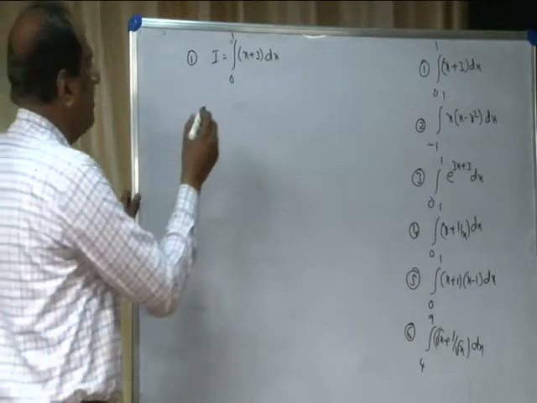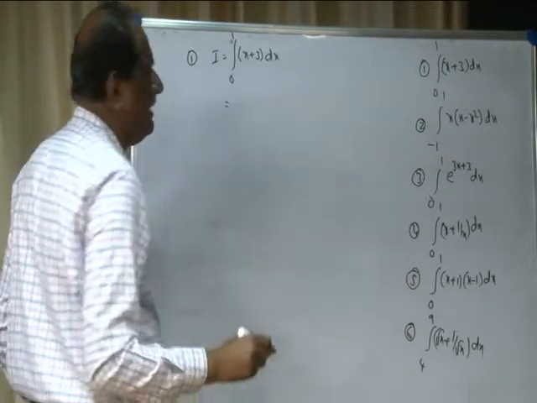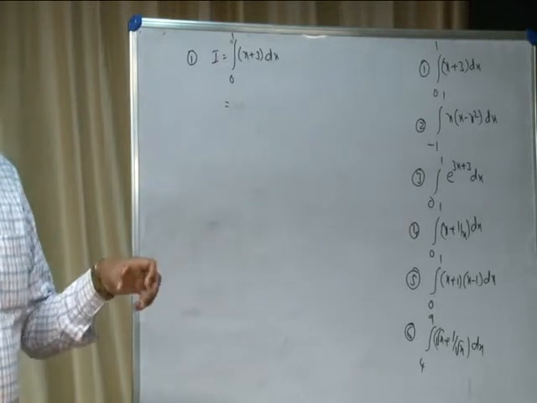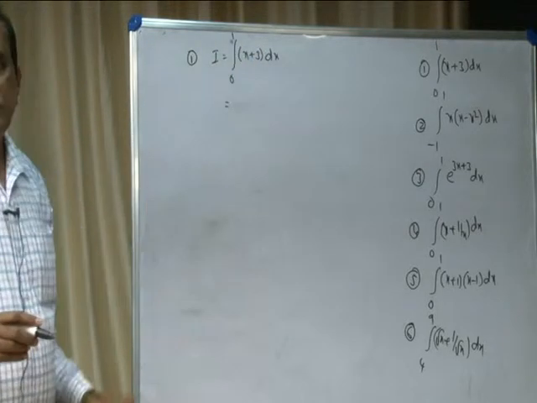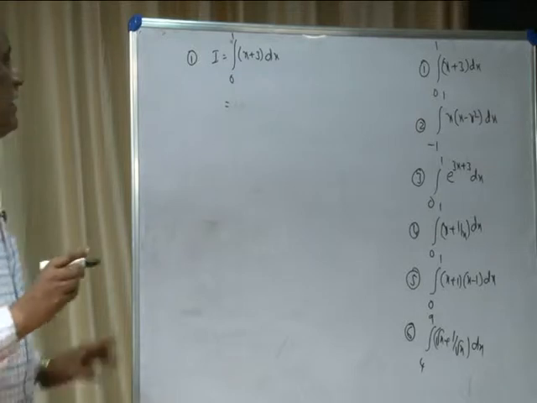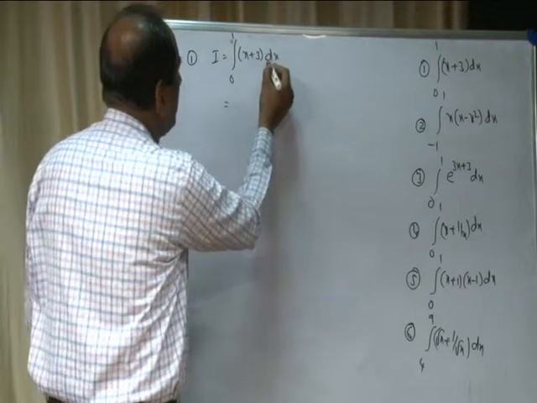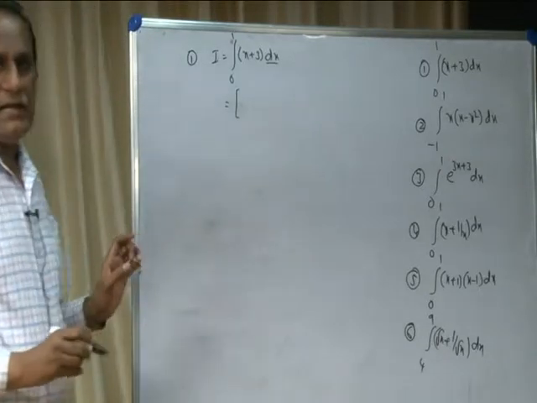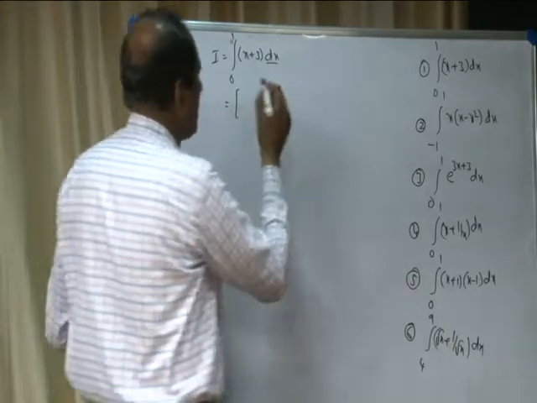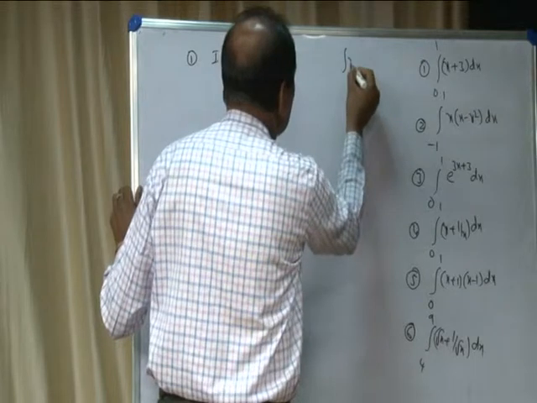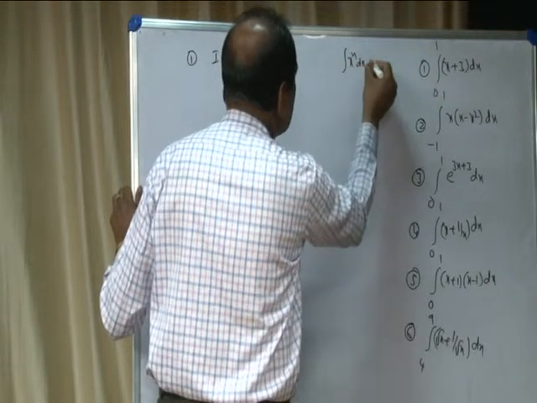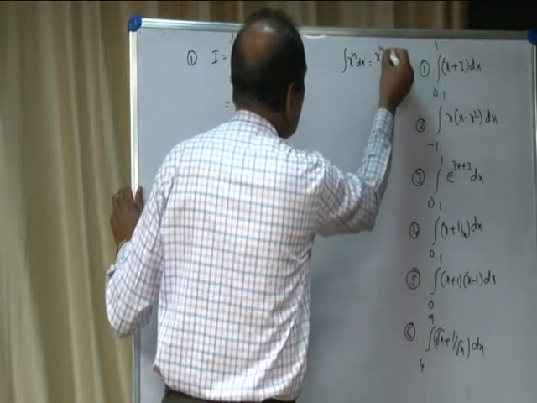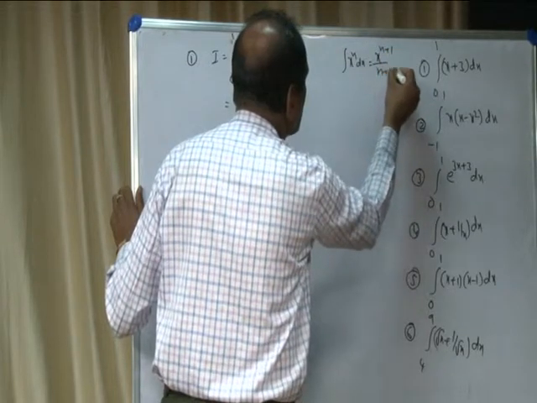Now, see here, term by term integration; there are two terms in the integrand, x plus 3, into dx. Integrate with respect to x. What is the integral of x? x power 1. Integration of x power n dx is equal to x power n plus 1 by n plus 1 plus c.